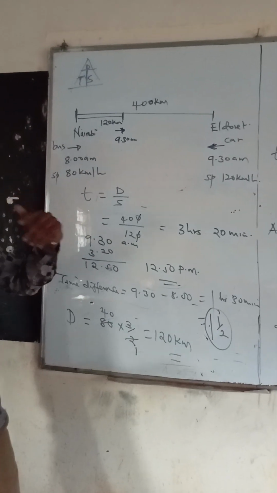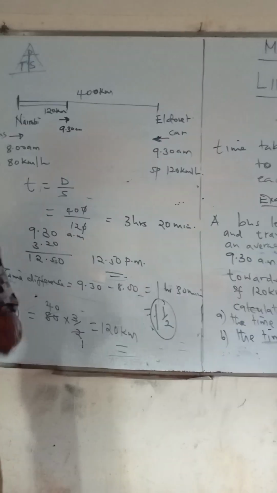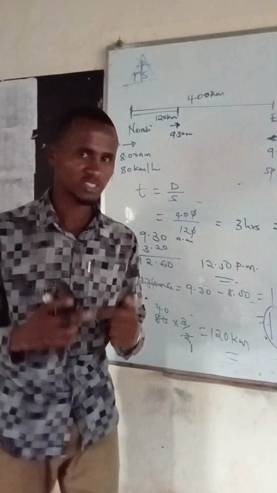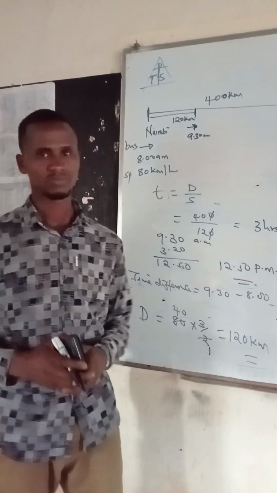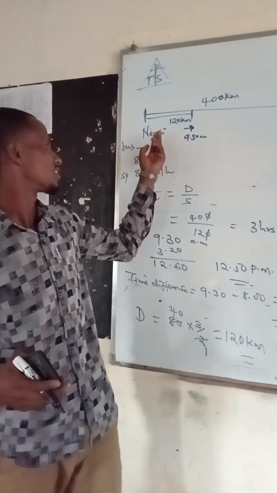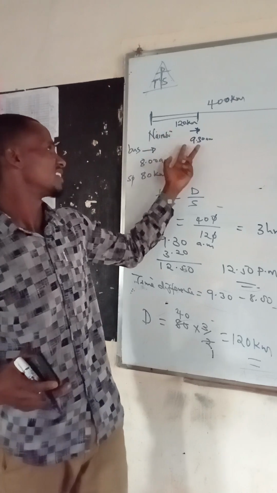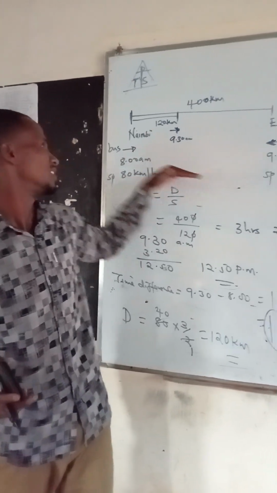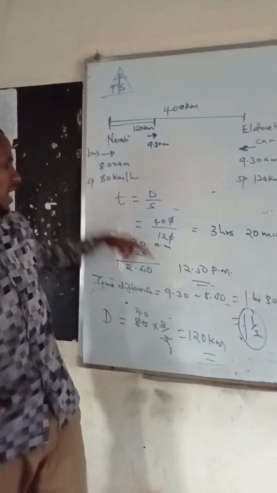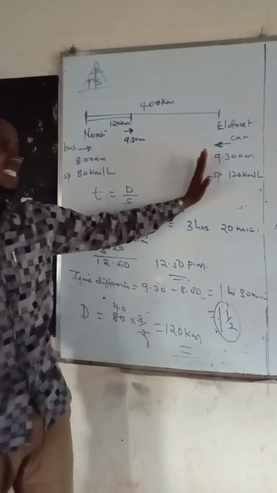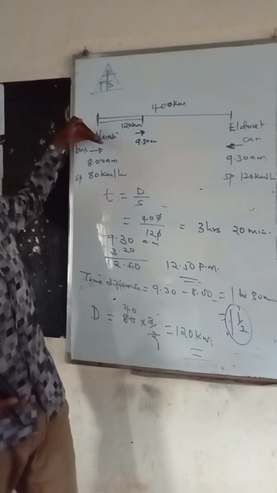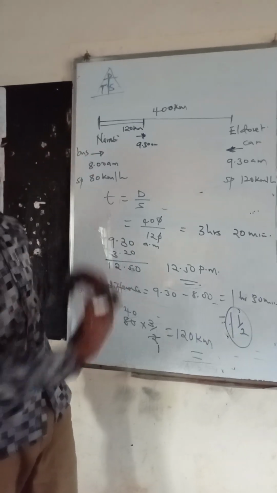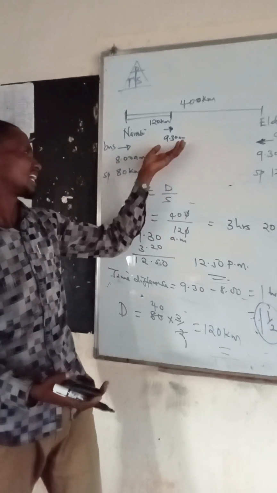One thing that you have to understand is that if you want to use the relative speed, both bodies must be in motion. That is why I have to calculate the distance covered by this vehicle before this one started the journey, because while it was moving for 1.5 hours, this one was just still. So we need to consider the time at which all of them will be in motion.